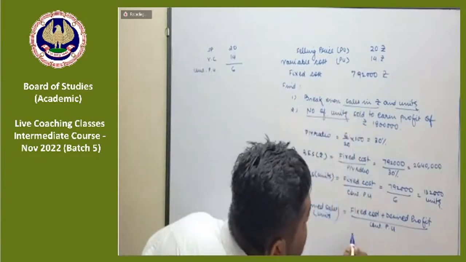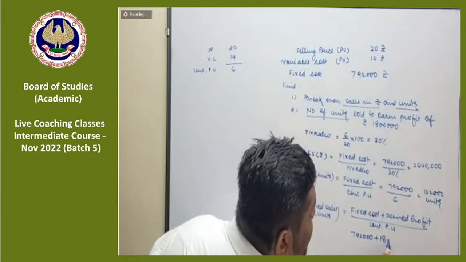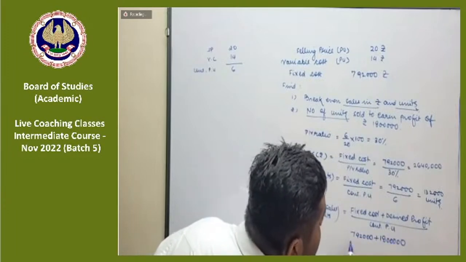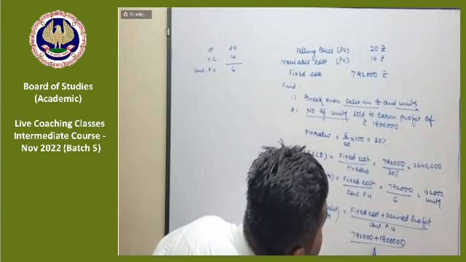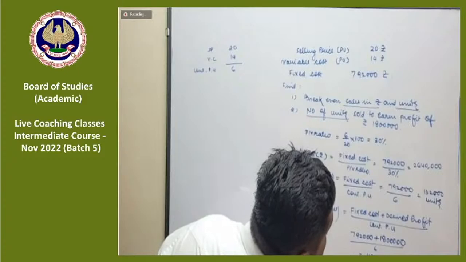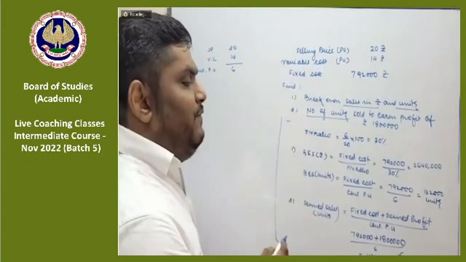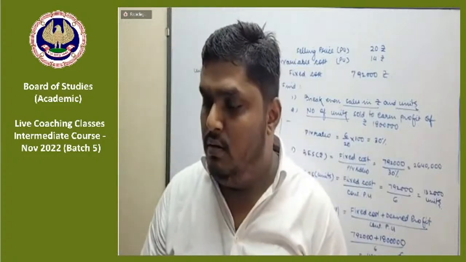So my fixed cost is 7,92,000, my desired profit is 18 lakh, divided by my contribution per unit, that is 6. So 4,32,000 units. So this is the way you have to write the solution.